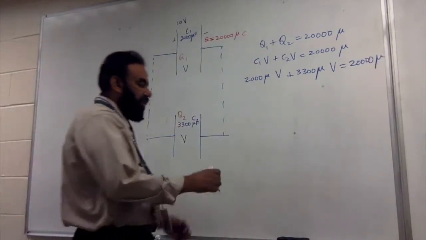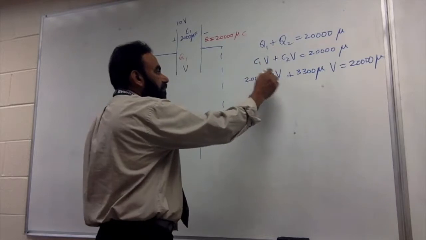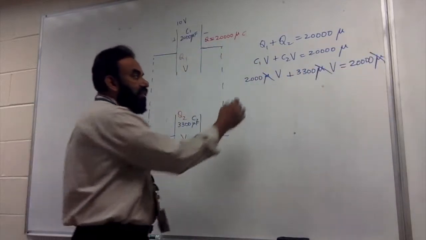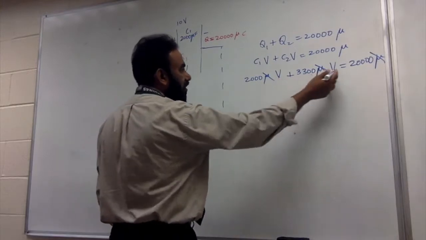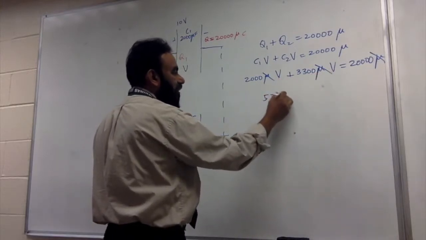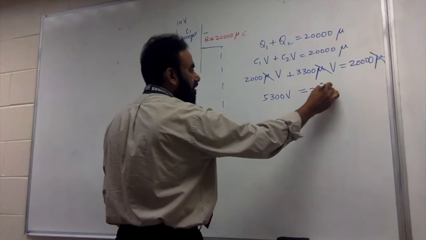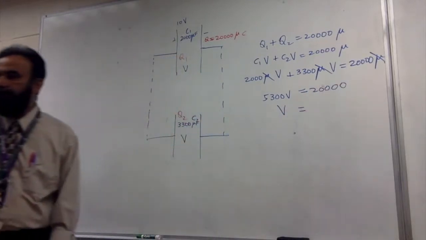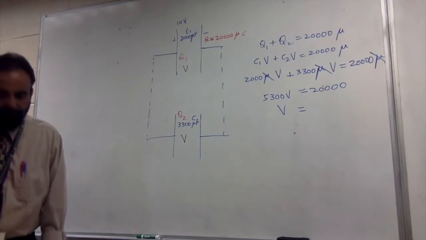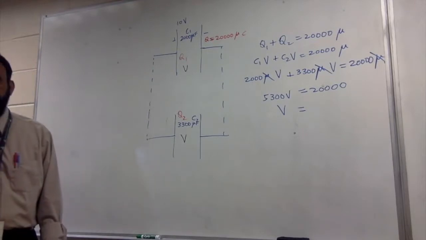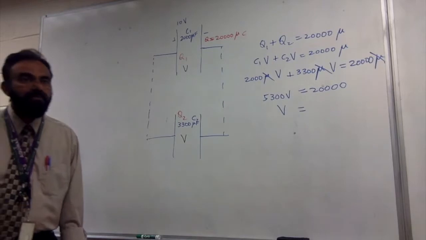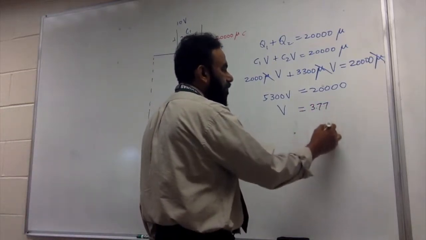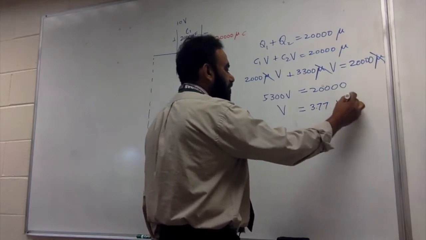Now I can knock off the micros. What is left is 2,000 V plus 3,300 V, that is 5,300 V, equal to 20,000. So what is V? 3.77 volts.